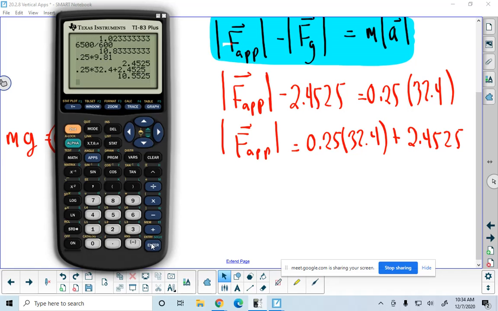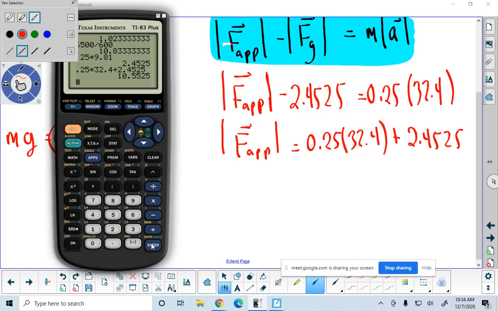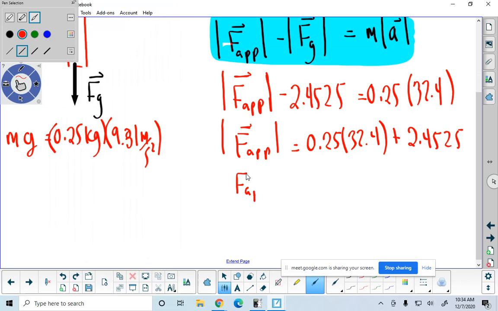So about 10.6 newtons. So the applied force would be 10.6 newtons up.